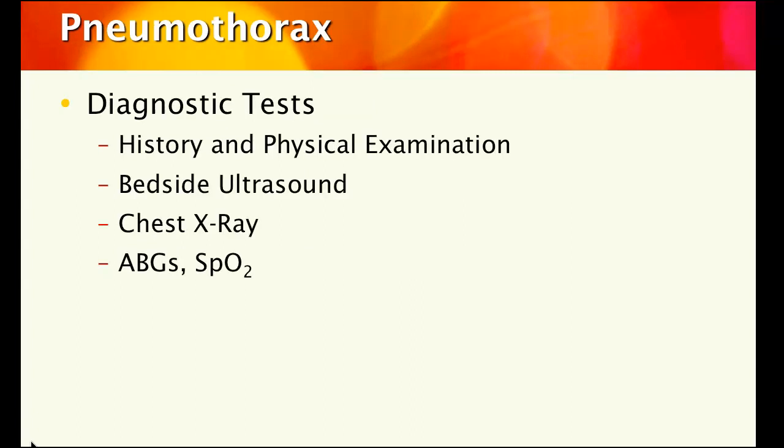So diagnostic tests, we want to get a thorough history and physical exam. This sometimes can be considered an unstable patient, as I've kind of mentioned with the symptoms. So we could bring an ultrasound to the bedside so that the patient didn't have to leave our monitoring devices. A chest x-ray can show air in the pleural space and it may reveal that mediastinal shift.